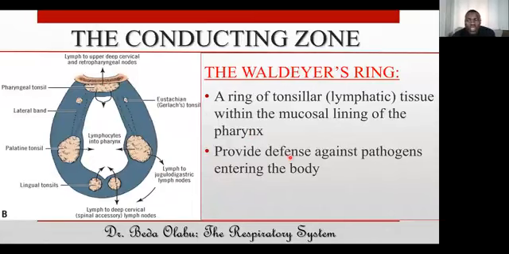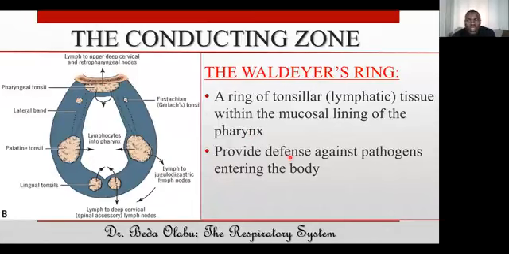I want you to look at its anatomical location and think through what would happen to it if it is inflamed. Remember, lymphatic aggregations usually enlarge when they're inflamed. So if it is inflamed, it will enlarge this way. Having said so, you realize that it will block the upper airway.